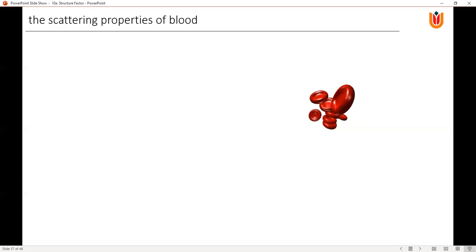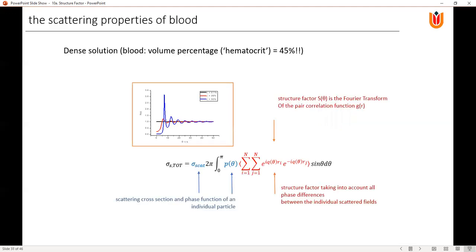That is something we would know from Mie theory. If we take a single red blood cell and assume that it is almost spherical, we could calculate the scattering cross section and the phase function. Most of the light would be scattered forward.